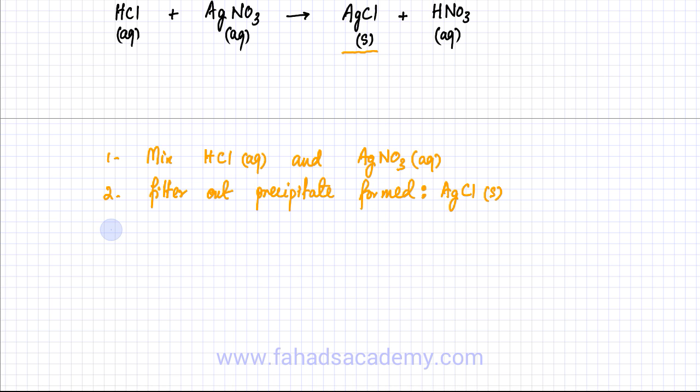And once I've filtered it out, since it's an insoluble precipitate, I'm going to wash the residue with distilled water. And the last step would be you have to dry it.